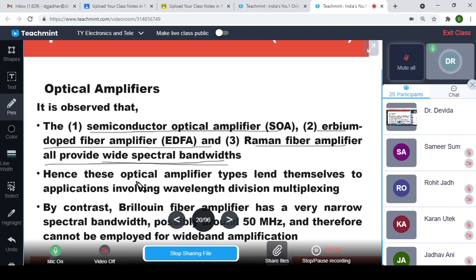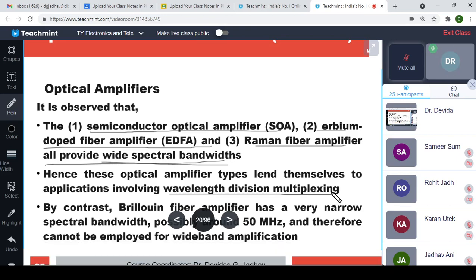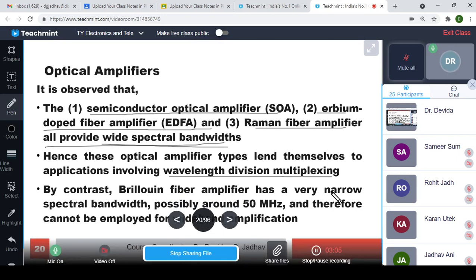Hence these optical amplifiers can be used for wavelength division multiplexing, WDM, because in wavelength division multiplexing, multiple wavelengths are simultaneously propagating and transmitted over the same cable. So simultaneously all can be amplified.